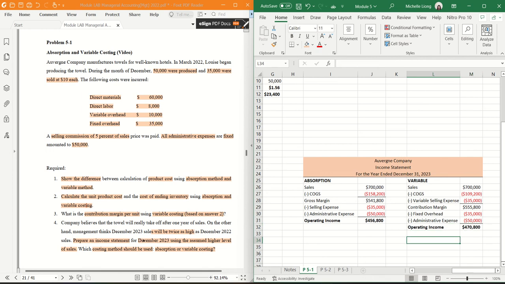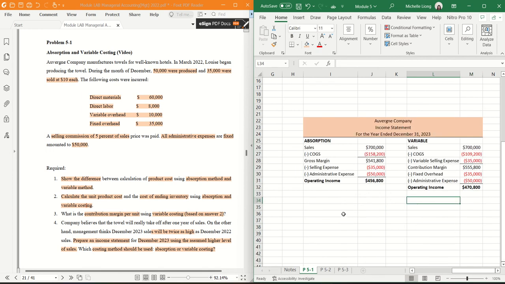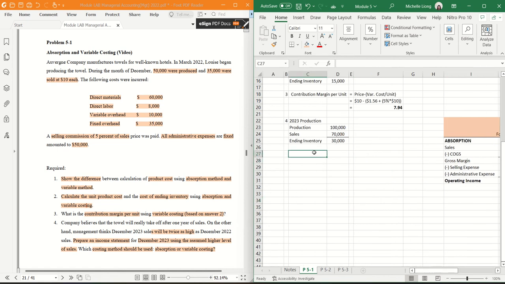So right here, they ask, right, which costing should be used. So the answer is variable costing. So right here, variable costing method should be used in order to generate higher income.